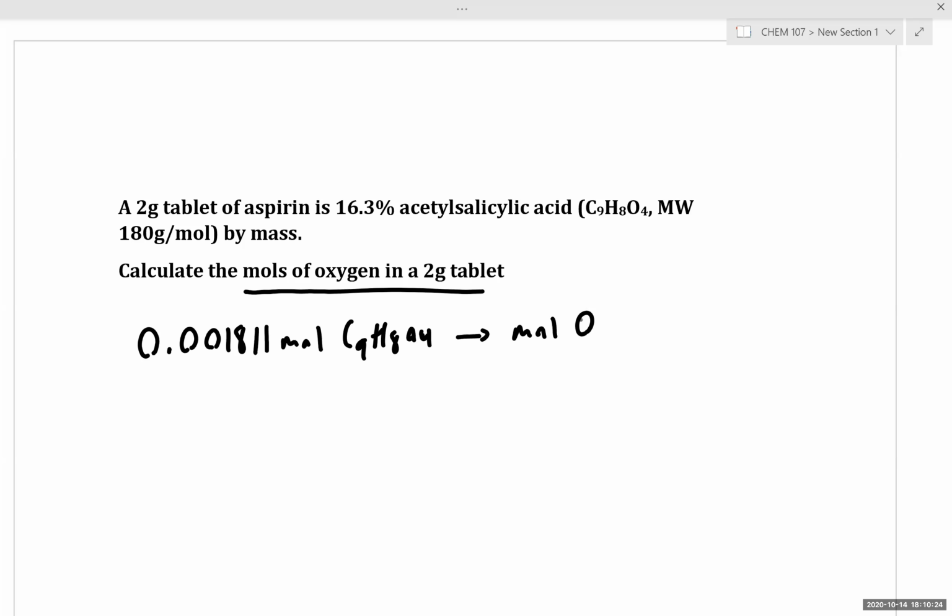And just as a refresher, we're going from the moles of our compound to the moles of oxygen using our chemical formula. And it's great to see that the class is contributing their responses in the chat. And we'll discuss this example in another 30 seconds to a minute.